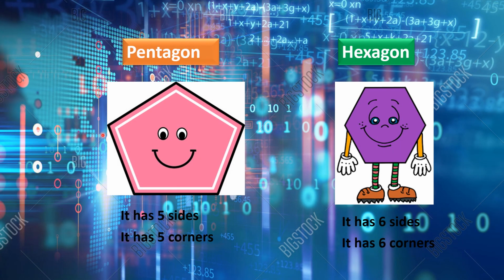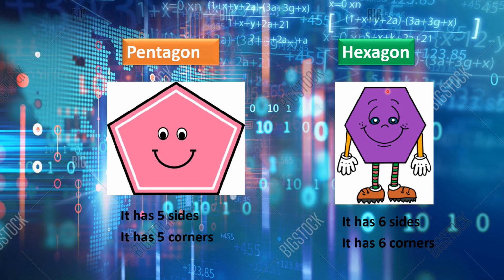Students, there are two more new shapes. Yes, pentagon and hexagon. Penta means five. It has five sides. One, two, three, four, and five. It has five corners. One, two, three, four, and five. Keep in mind penta means five. Next shape is hexagon. Hexa means six.